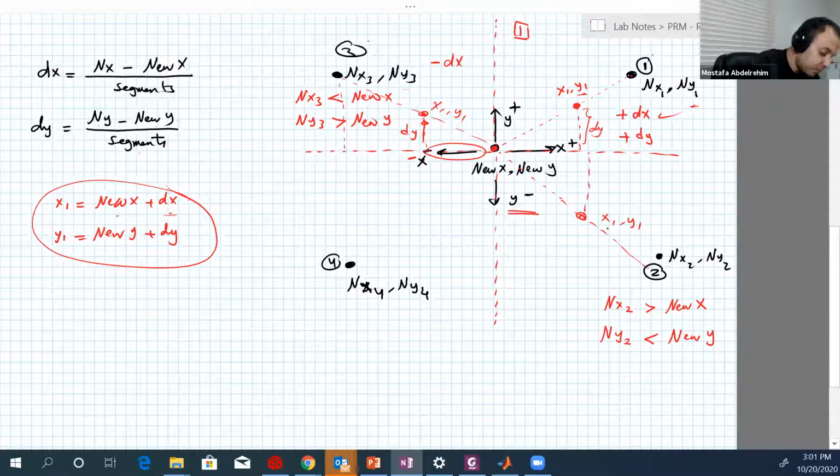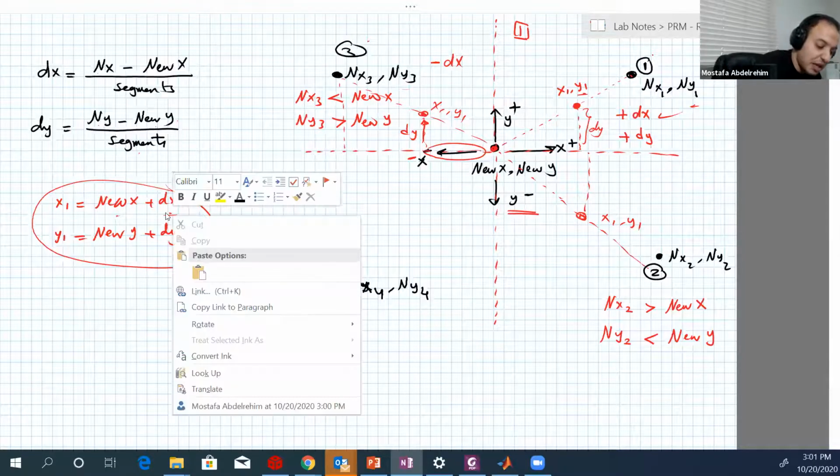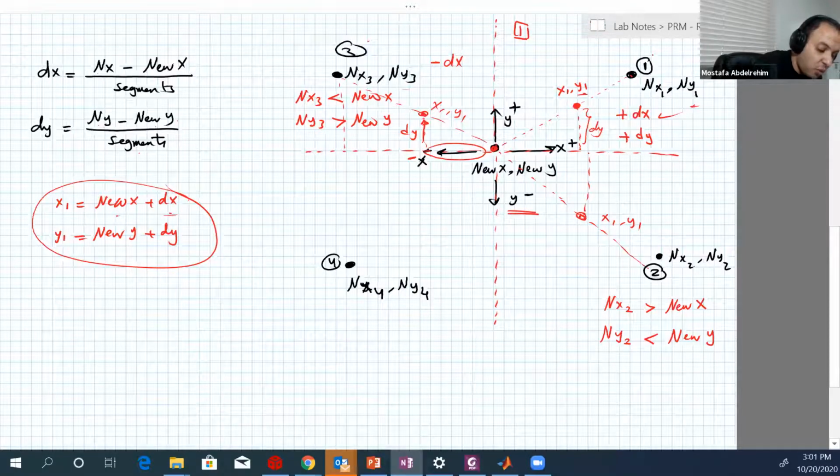So x1 is equal to new x plus something, plus dx. And I'm sorry, y1 is equal to new y minus something, minus dy. Okay? So let's check if this is correct or wrong.